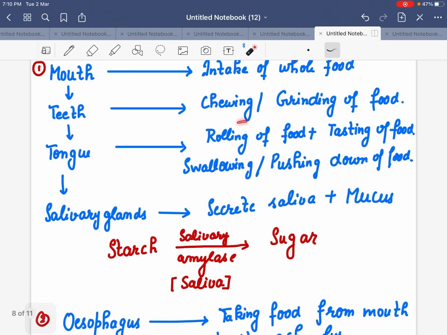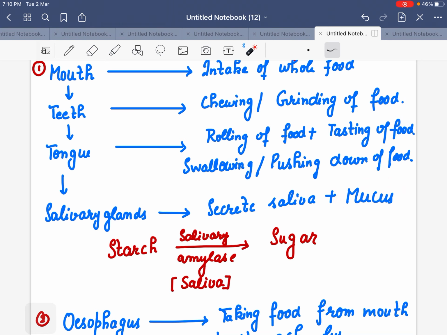It helps in rolling of food, in tasting of food, and you can say in swallowing and pushing down of food. After the tongue, the major role in wetting your food is played by the salivary glands. Salivary glands secrete saliva as well as mucus.